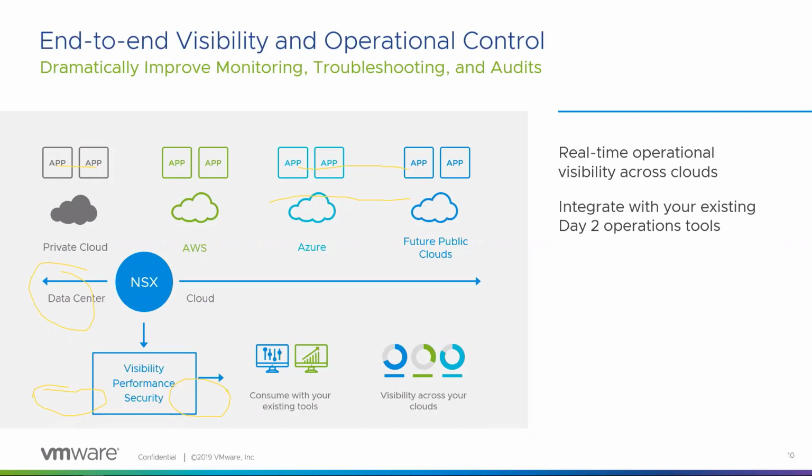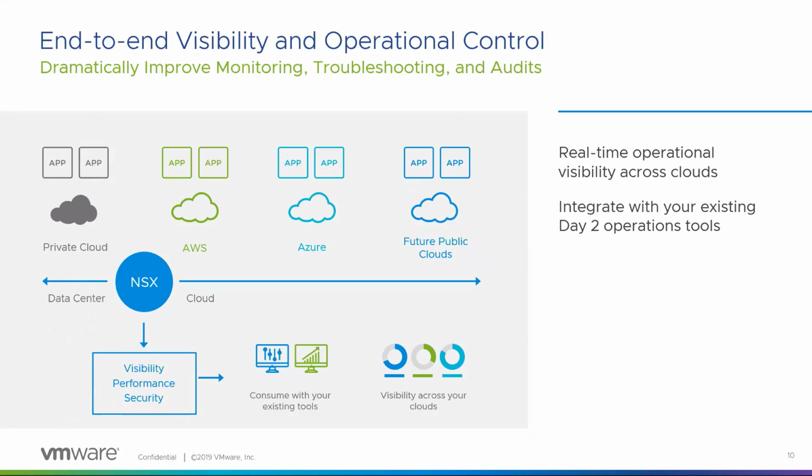Again, from a management standpoint, all of your management, from security to connectivity to visibility, happens within NSX-T data center, right? You're doing all of this from on-premise, so you're learning one tool, and using that singular interface, you're simply managing not just your on-premise environment, but also what you have in the cloud.